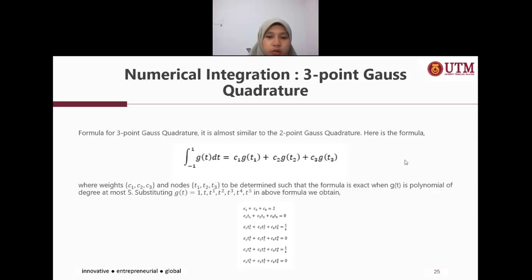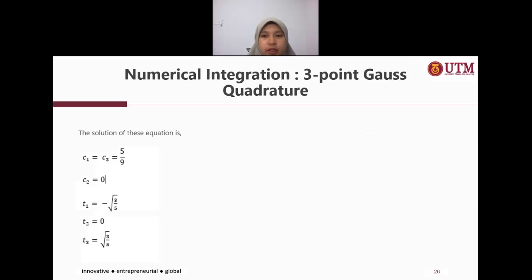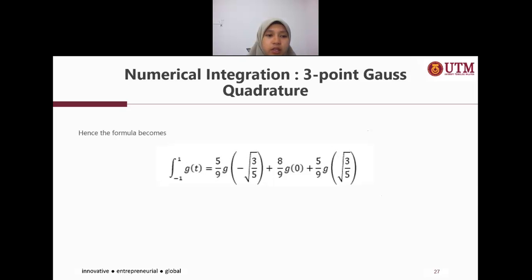Besides that, we can also use 3-point Gauss quadrature. This is the general formula of 3-point Gauss quadrature. After we substitute into the general n-point Gauss quadrature, the new formula becomes like this.